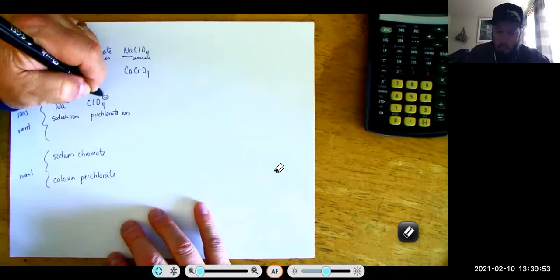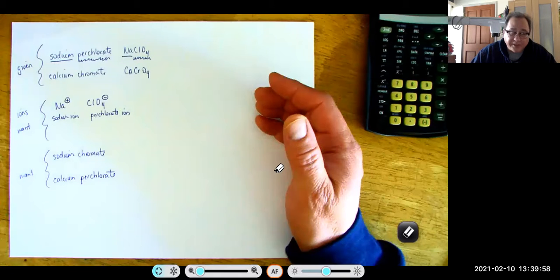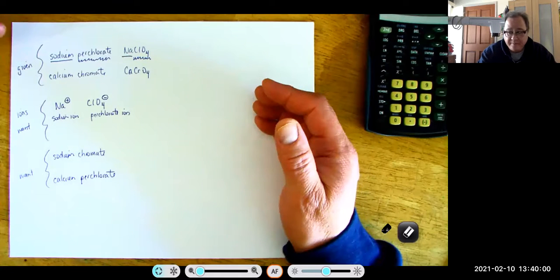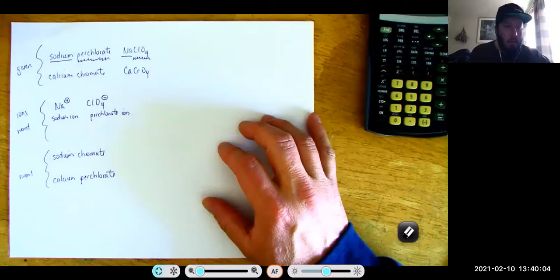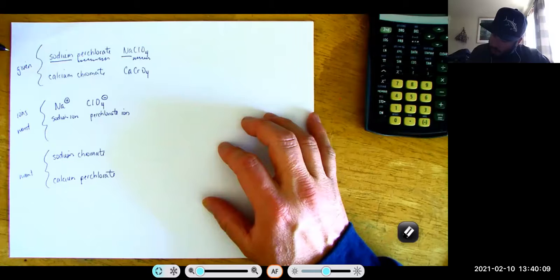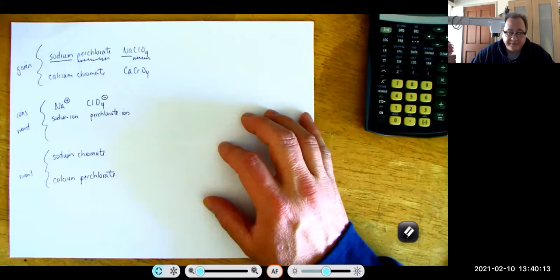Precisely. So now we know that the perchlorate ion not only is ClO4, but we know it's a -1. So the cation is sodium and the anion is perchlorate. Right. Cat is positive and an is negative.